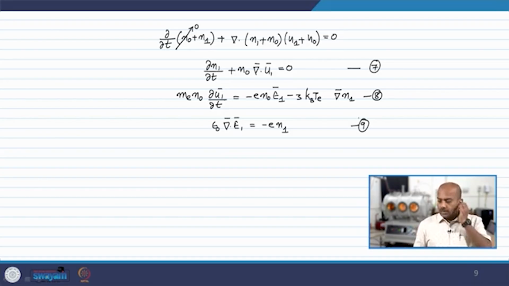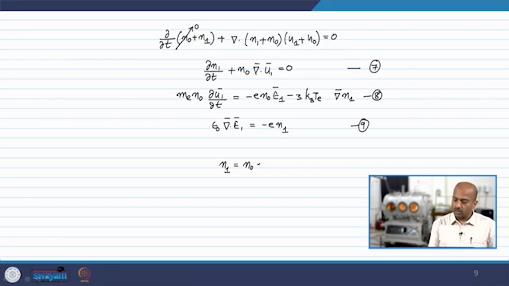Right. Now, the standard method is to assume sinusoidal variation of the perturbation variables. So, we will say that n1, the perturbed electron density, is n0 exp(i(kx - ωt)).